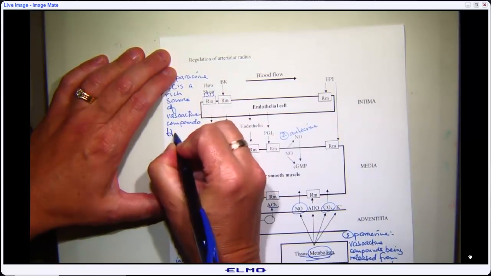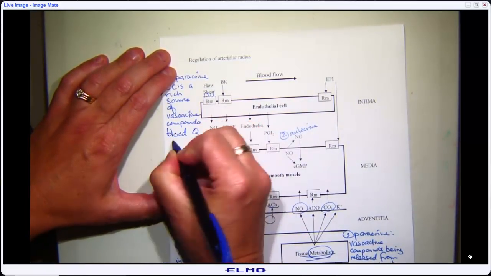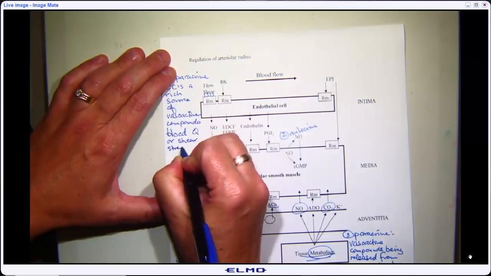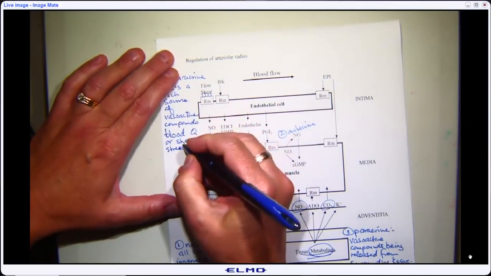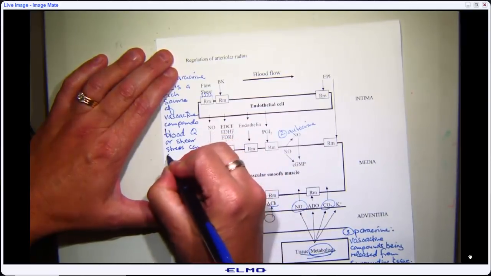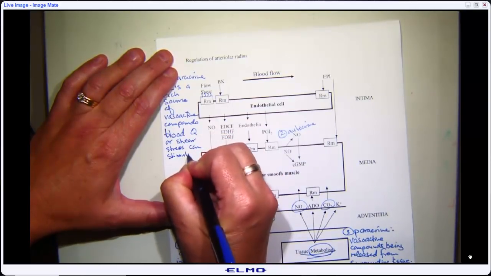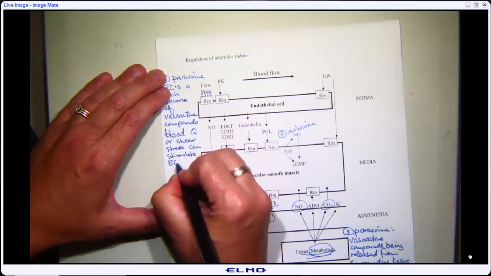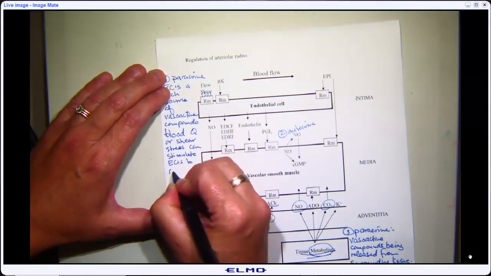So blood flow or wall shear stress can stimulate endothelial cells to release products.